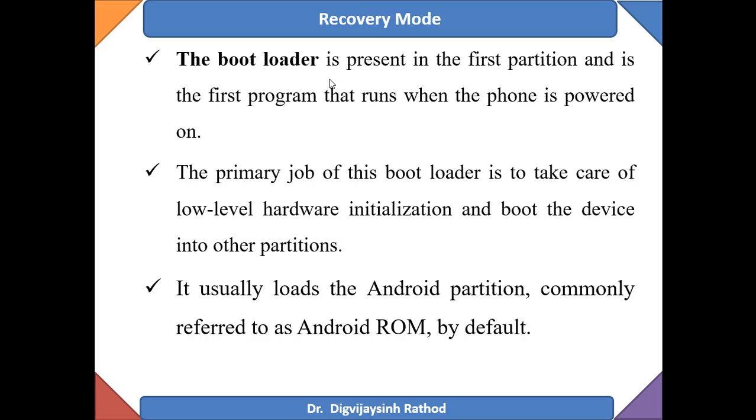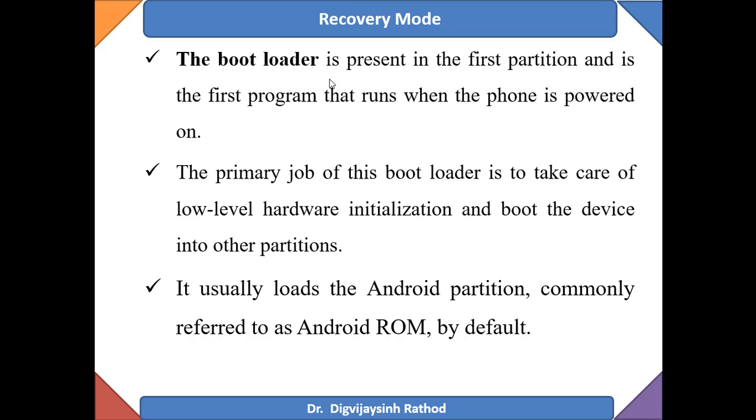Now somebody says that they are not happy with the Android OS which already came with the phone. If you want, you can change it or install a customized OS. That is called a custom ROM, because the ROM is the place where the bootloader loads the Android partition.